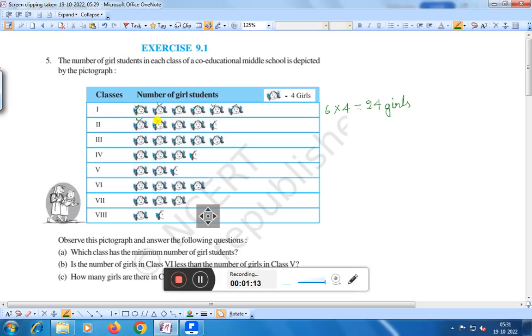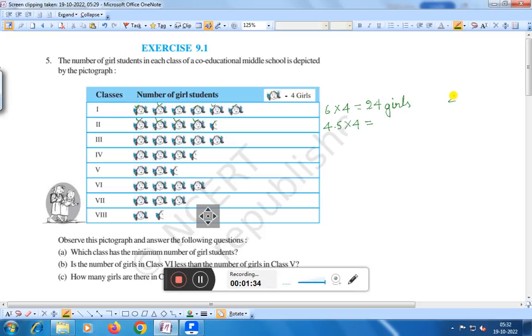That is 1, 2, 3, 4, and a half, right? That is 4.5, multiplied by 4. Why? Because one picture represents 4 girls, right?